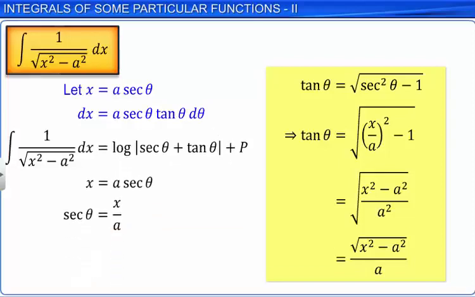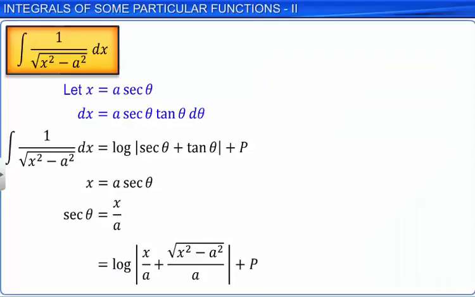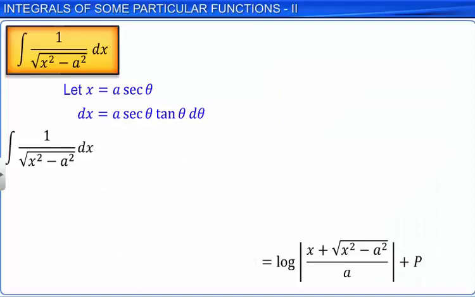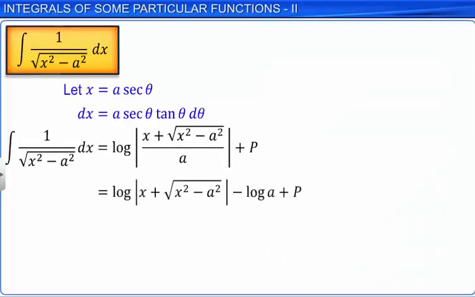Next, we substitute the values of secant theta and tan theta in the solution. On rearranging the expression further, we get log of x plus square root of x square minus a square minus log a plus p.